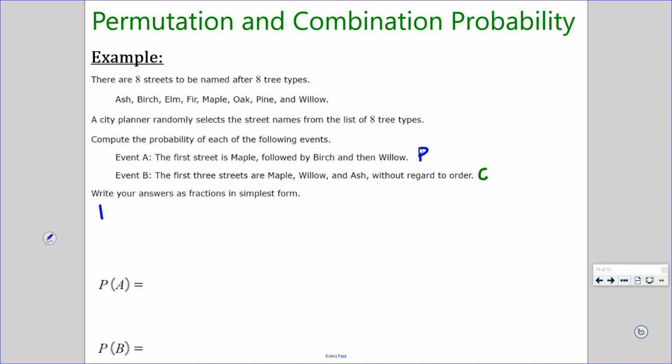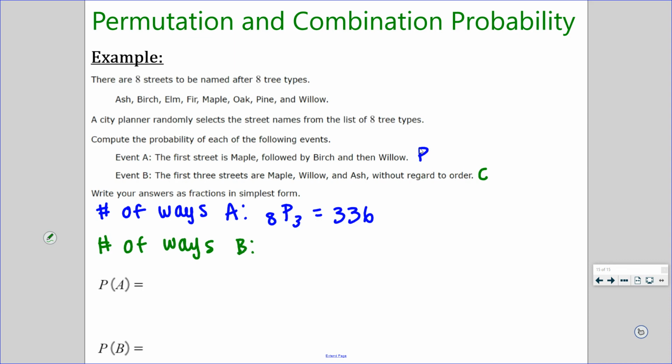So let's first calculate the number of ways A can happen. 8 pick 3, where the order matters. 336 different ways we could do that. Number of ways B can happen. 8 choose 3. 56.